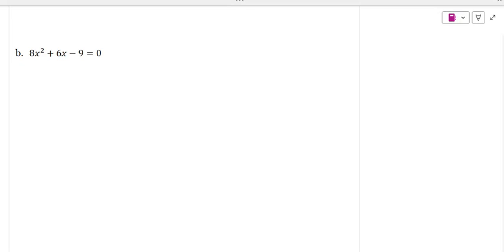Step 1 is to look at the number that's in front of my leading term and the constant term that's got no variable, and I multiply those two numbers together. 8 times negative 9 is negative 72. And then I want to put together the combination of numbers that will multiply to give me 72.